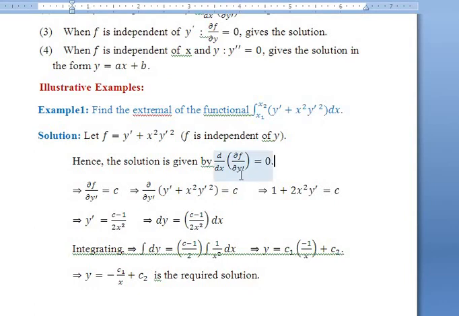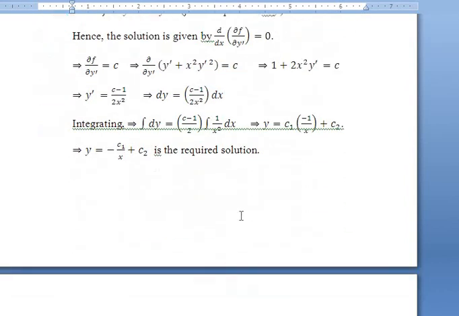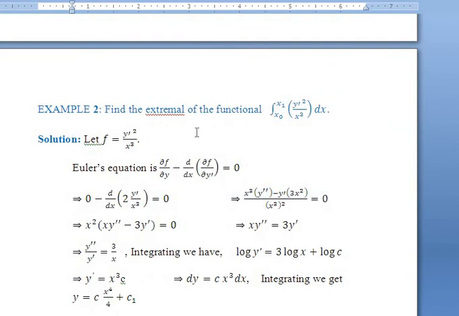In general, for any function, even if you are not worrying about the function type, we can directly apply Euler's equation. Let us have one example based on that. Find the extremal of the functional integration from x0 to x1 of y dash square upon x cube dx. We need not bother what type of function this is.